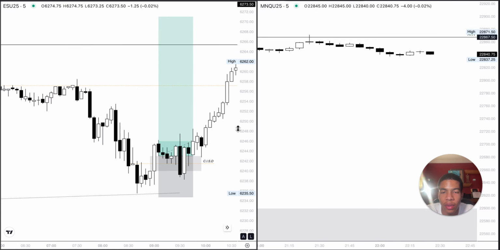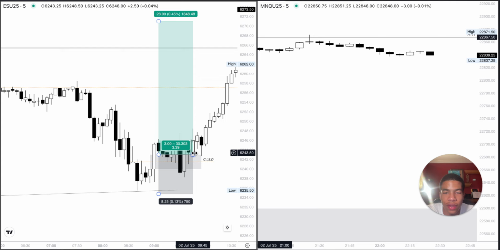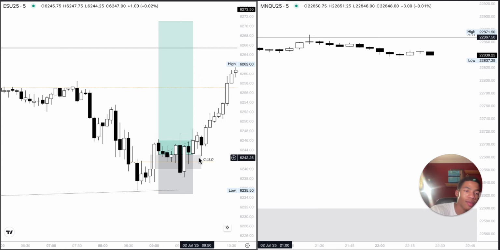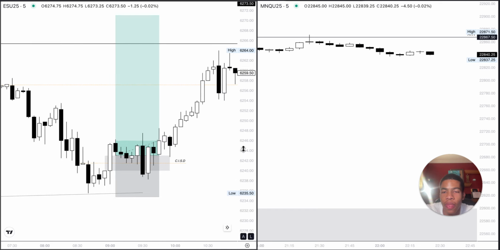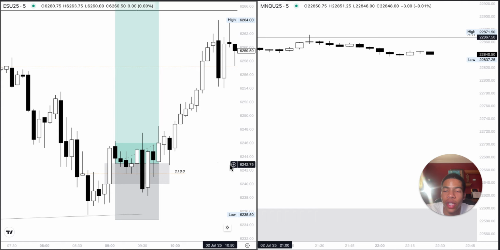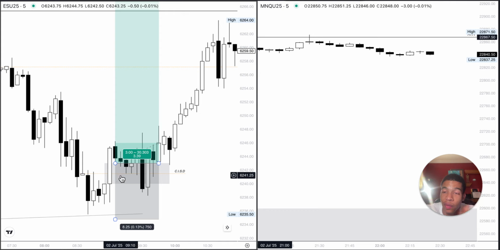Now, what do we see from this trade? Classic 3-to-1. Anything higher than 2-to-1 in my books is a good trade. Now, what's the structure most likely? We have a fair value gap, a change of state. You have a little bit of consolidation in this fair value gap.